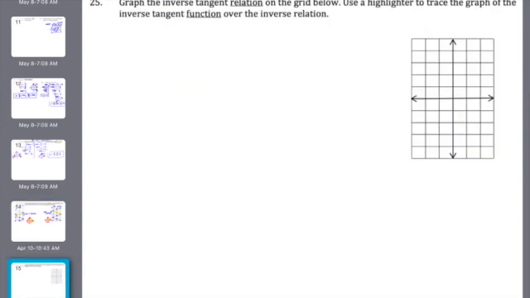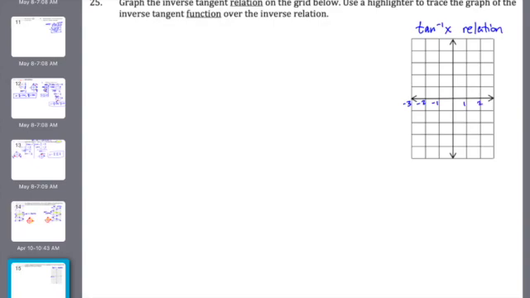All right, and then lastly, we're going to do the inverse tangent relation and then highlight the inverse tangent function. So this is going to be the tangent inverse relation to start. So I'm going to label my axes. This is -1, -2, -3.